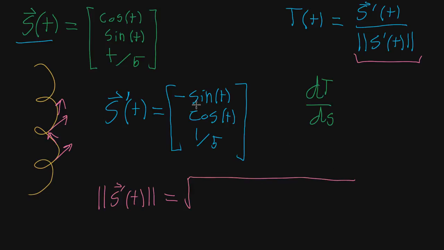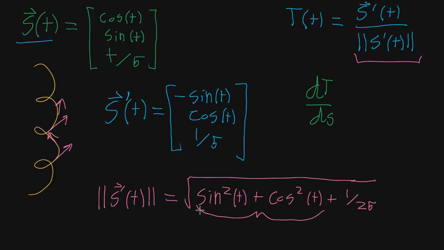So negative sine squared just looks like sine squared of t, plus cosine squared of t, and then 1/5 squared, and that's just 1/25. And you might notice I use a lot of these sine-cosine pairs in examples, partly because they draw circles, and lots of things are fun that involve drawing circles, but also because it has a tendency to let things simplify, especially if you're taking a magnitude, because sine squared plus cosine squared just equals 1.